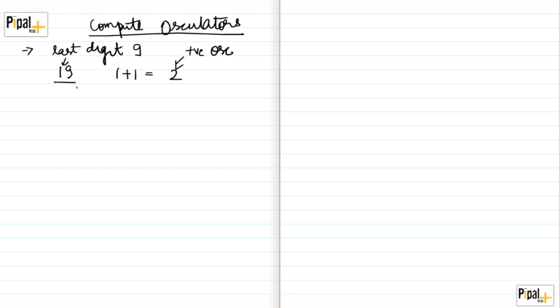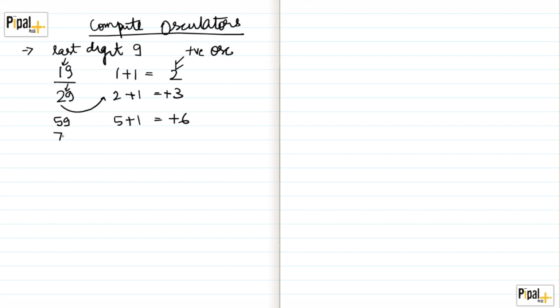So let's take other examples. Let's say we have to find the oscillator for 29. I remove the 9, I'm left with a 2, I add 1 to it, and the oscillator for 29 is plus 3. Likewise, for 59 it will be 5 plus 1, plus 6.